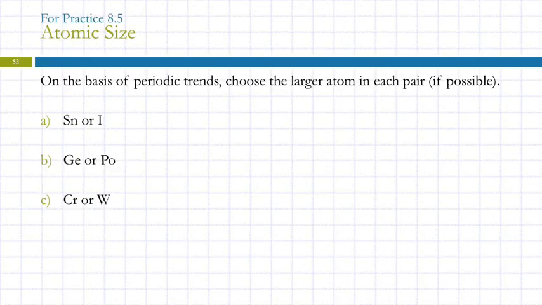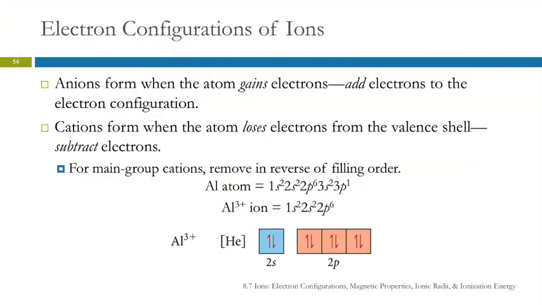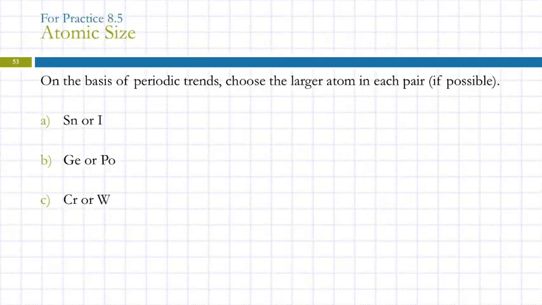Okay. We should be able to answer questions like this. On the basis of periodic trends, choose the larger atom. No periodic table, that'd be too easy. So tin or iodine. So we need to find these on the periodic table and see where they are relative to each other. So I'm just going to draw a little piece of periodic table here. And there's tin, and there's antimony and tellurium, and here's iodine.